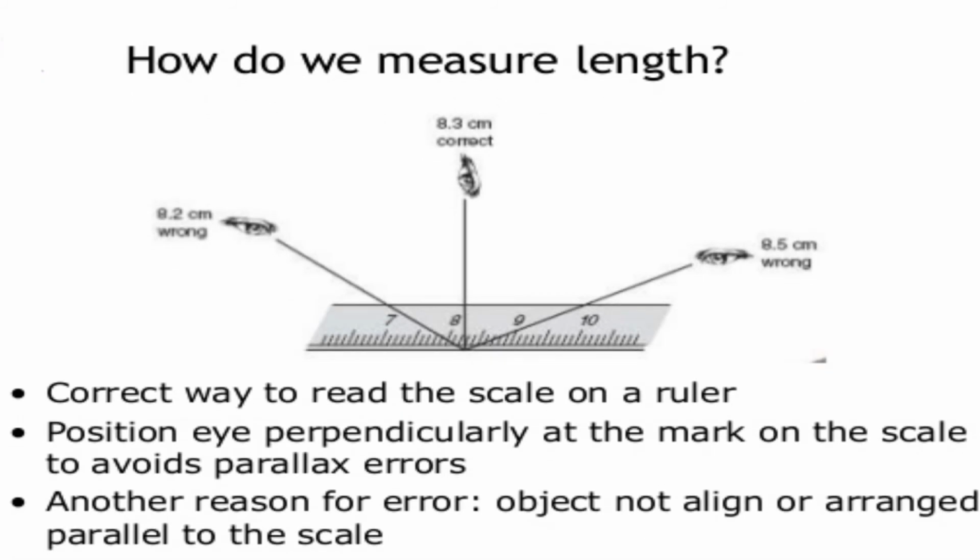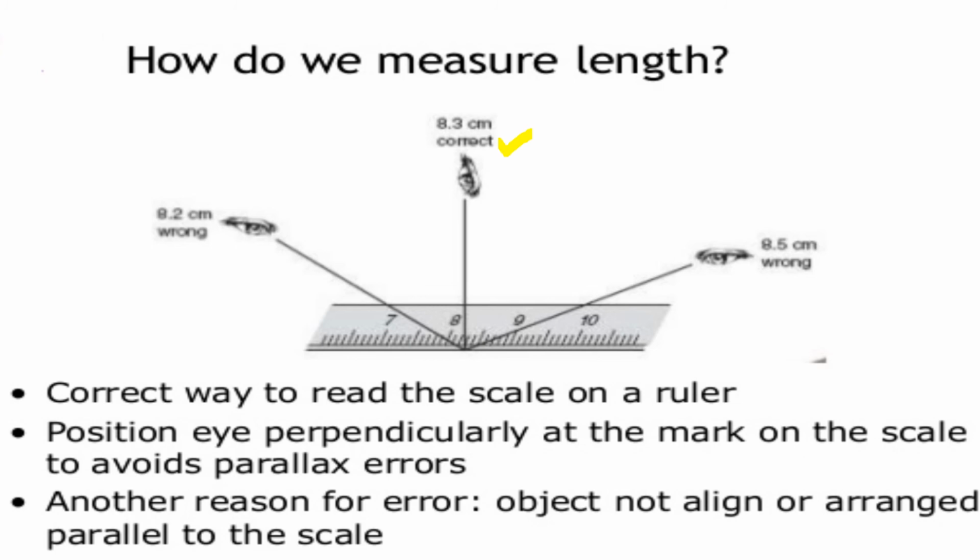See, the correct way to read the scale on the ruler, if you only have a ruler and no divider. The correct length of the line segment is 8.3 centimeter. But if you read from the left-hand side, you may get 8.2, where 0.1 is missed. If you read from the right-hand side, you may get 8.5. So it is a positioning error.